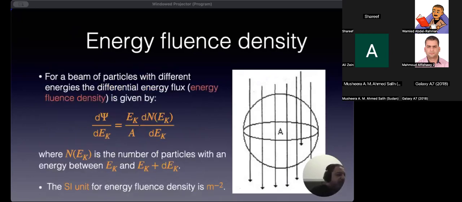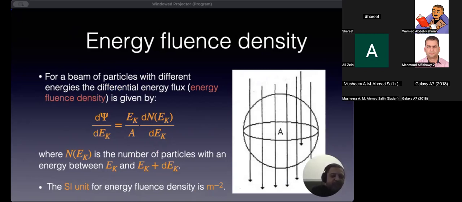Now, following the same steps as defining a particle fluence density, we can define an energy fluence density, or sometimes called differential energy fluence, given by this relationship here. Again, we look at a specific energy window, from E up to E plus dE, and then we count the energy that is carried by these particles having an energy between E and E plus dE.